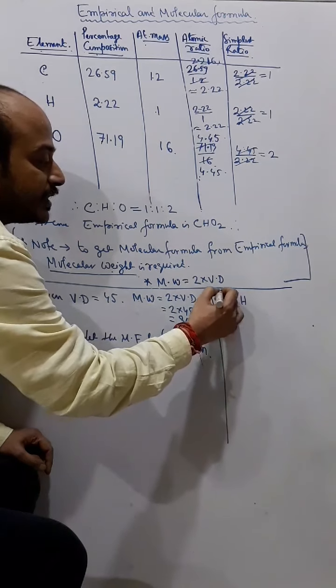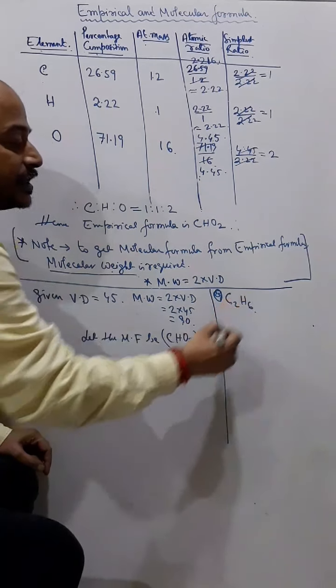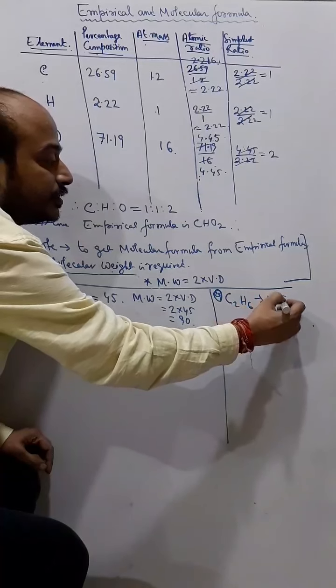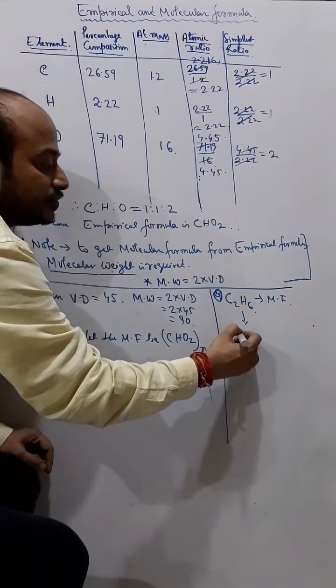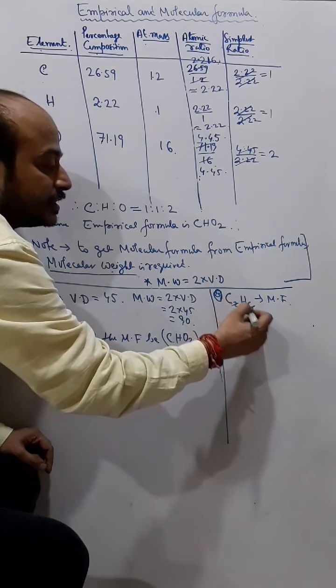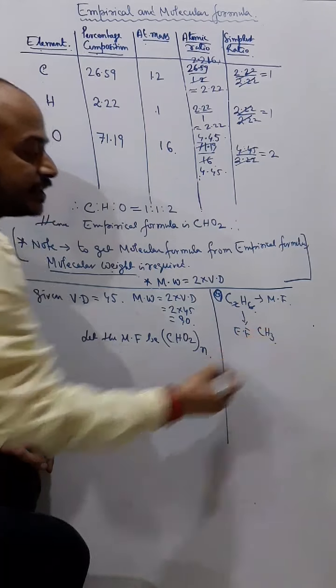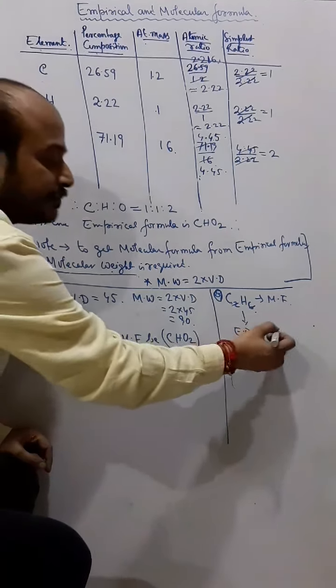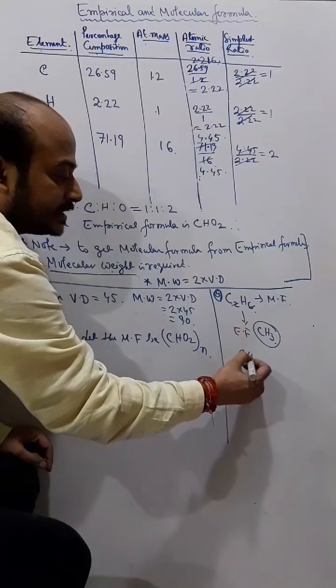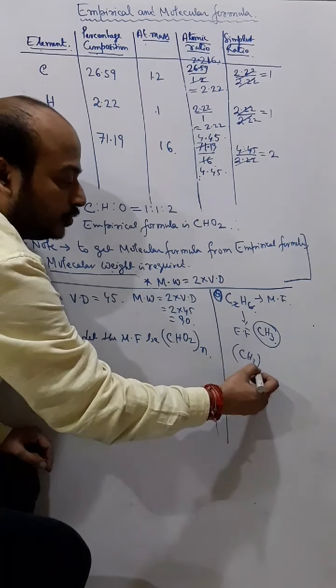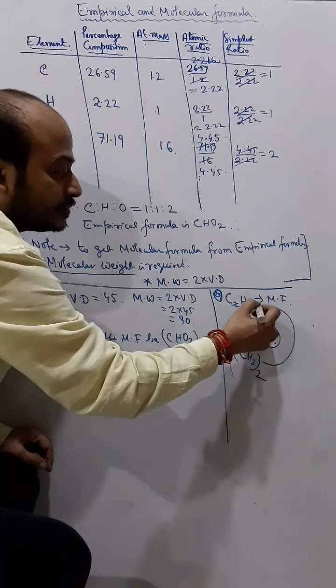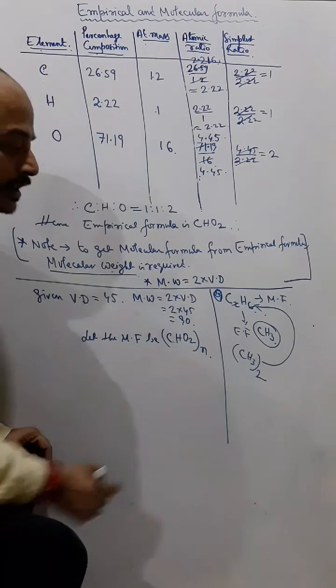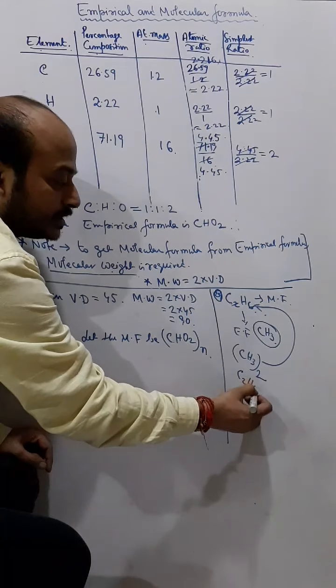This is the molecular formula, but the empirical formula is this common term, CH3. From the empirical formula I can say that (CH3) whole twice gives you the molecular formula, and then it becomes C2H6.